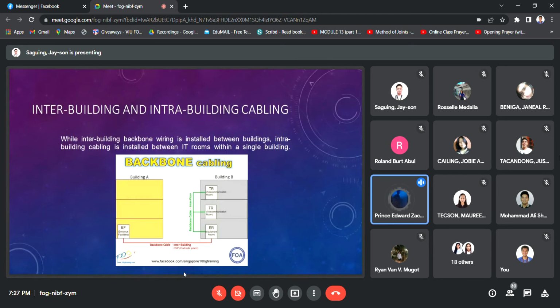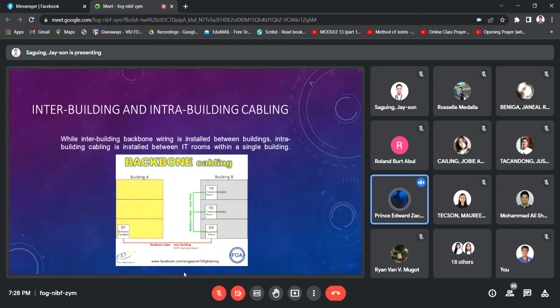It is divided into two: interbuilding and intra-building cabling. While interbuilding backbone wiring is installed between buildings, intra-building cabling is installed between IT rooms within a single building. So interbuilding is between two buildings, and intra is within the building.